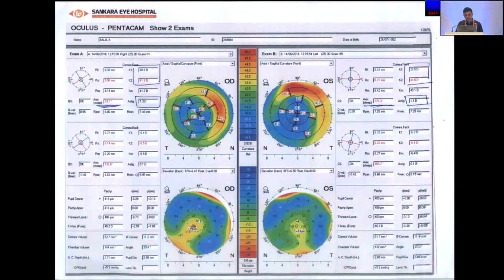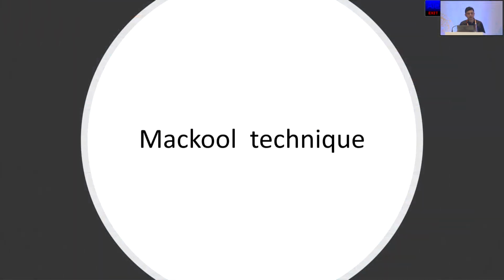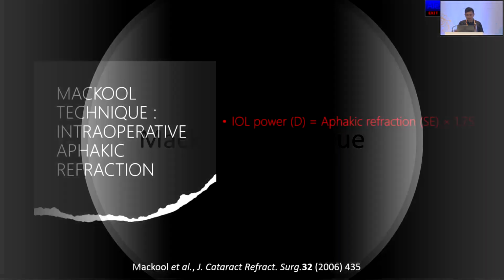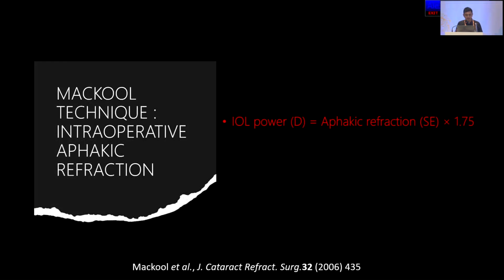So what we do in these cases is we go ahead with the McCool technique, in most of these cases. When you see a case like that on the table, a bizarre topography and IOL power, we don't go ahead with implantation. We just do the cataract, we finish phacoemulsification and we send the patient to the ward.